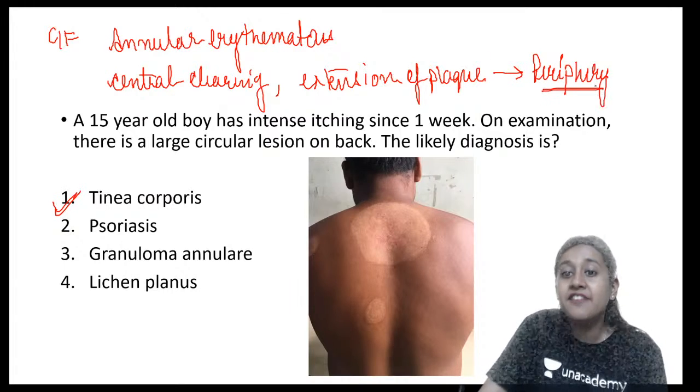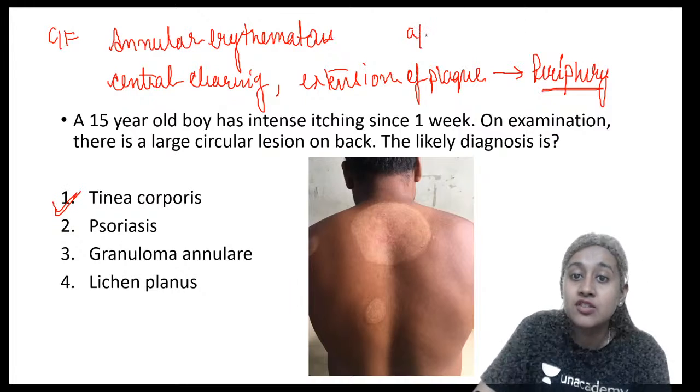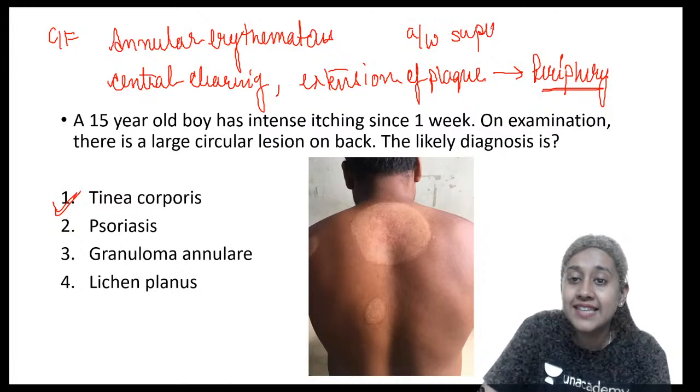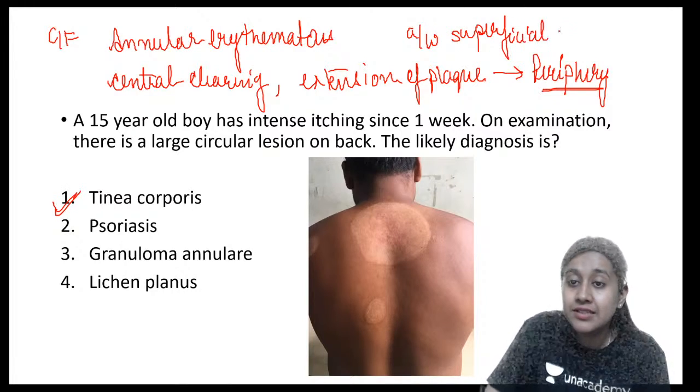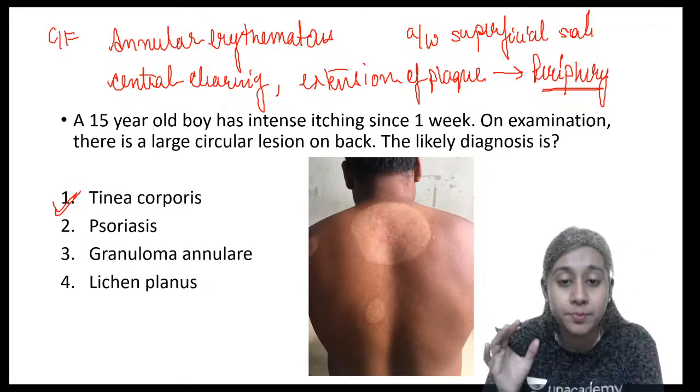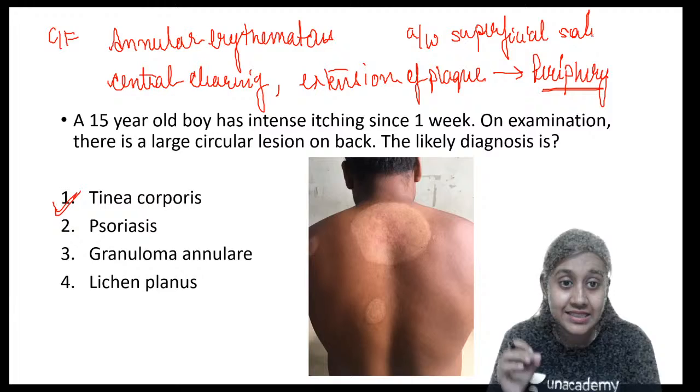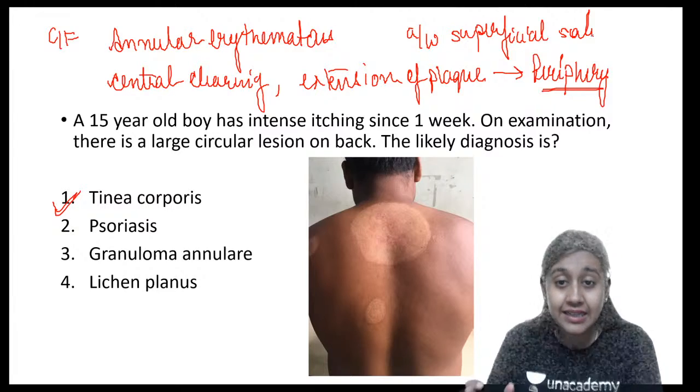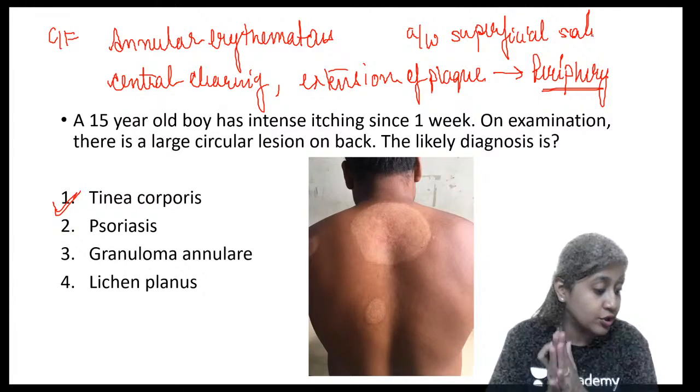So you will have peripheral extension and associated superficial scales. So please remember, this is a very classical description of a patient of tinea corporis, that is an annular erythematous lesion with central clearing and extension of the plaque onto the periphery.